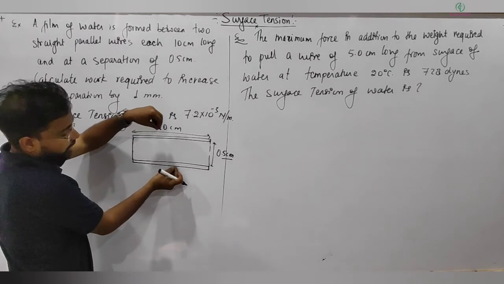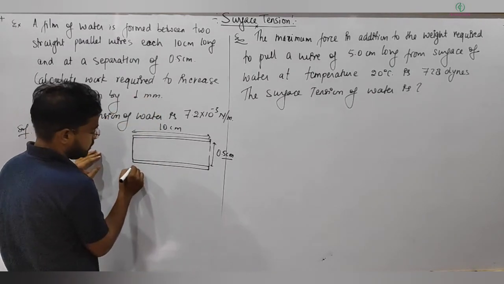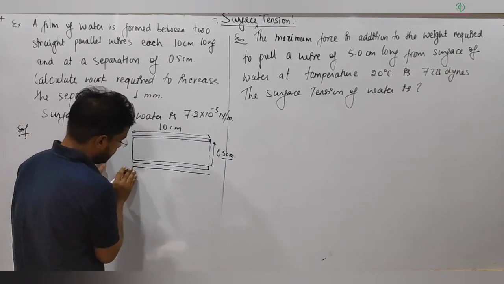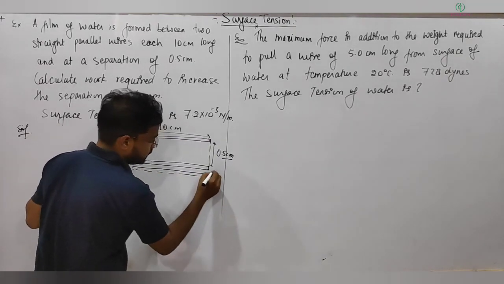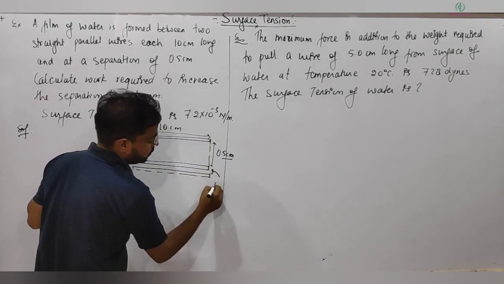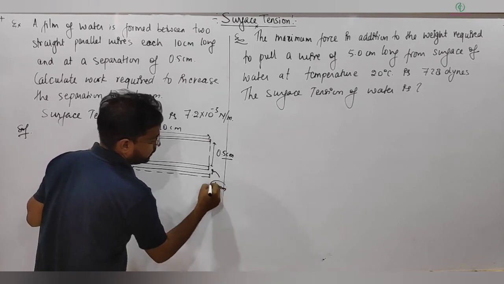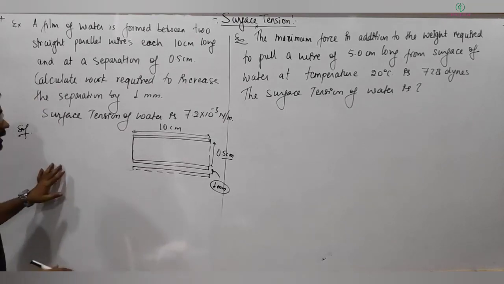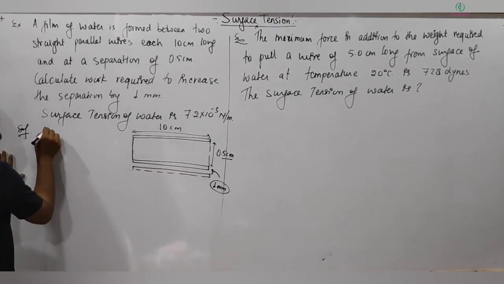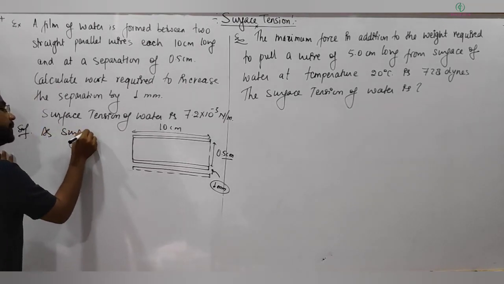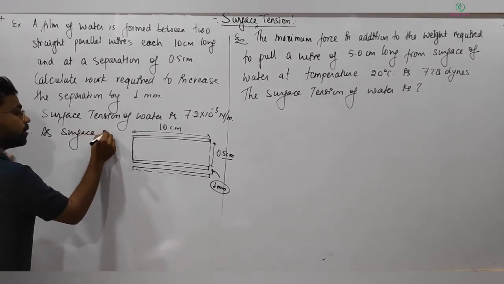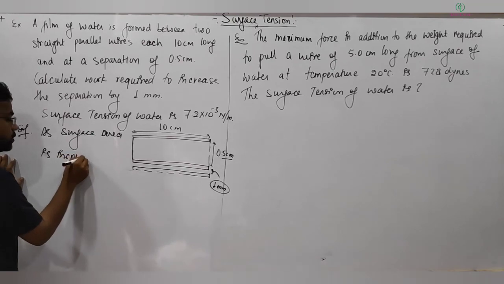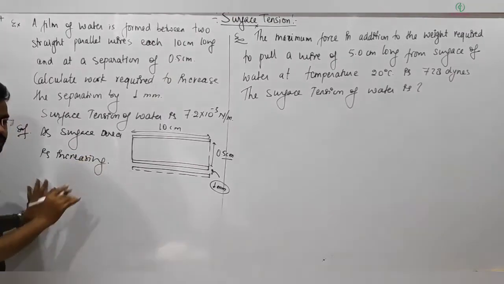So now we want to increase the separation between these wires. Let's say I want to shift this wire here. This increment is 1 mm. So what will be the additional work required? Straightforward. In this situation, as surface area is increasing, work needs to be done.